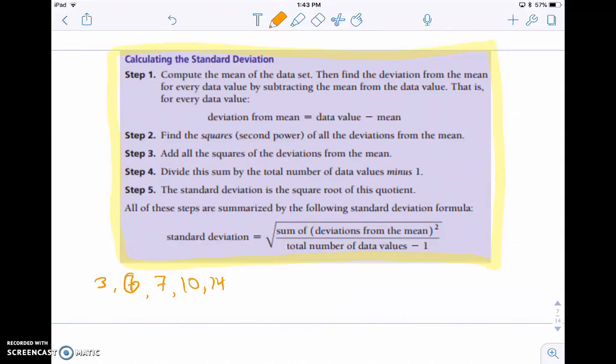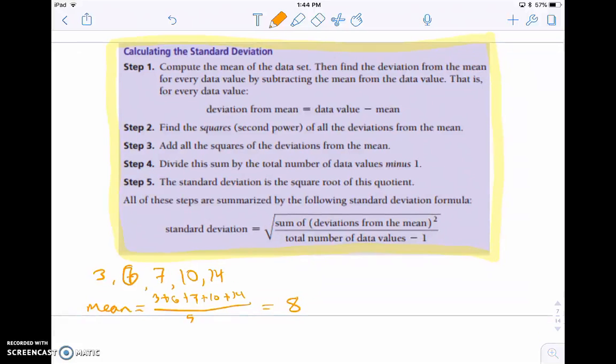When you're trying to find the standard deviation, the first thing we need to do is calculate the mean. So for the mean, you would take 3 plus 6 plus 7 plus 10 plus 14 divided by the total number, 5, so this gives you 8. So our mean is 8.